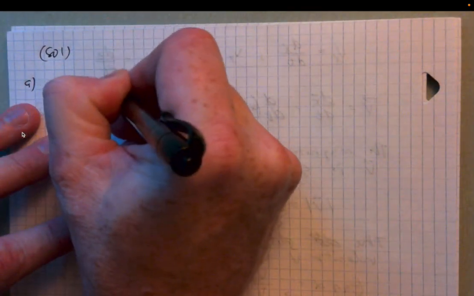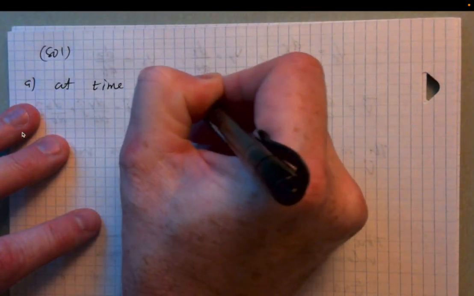So for part A, what are we interested in there? We're interested in the object's coordinates and its distance from the origin at t equals 2 seconds. So let's see, at time t equals 2.0 seconds, where are we?